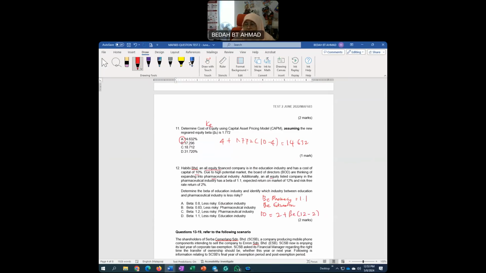Then you rearrange the formula: 10 minus 2 is 8, so 8 equals 10 BE. BE is 8 divided by 10, which is 0.8. So that means beta education is less risky compared to the beta pharmacy.